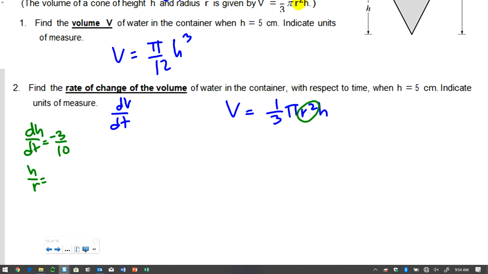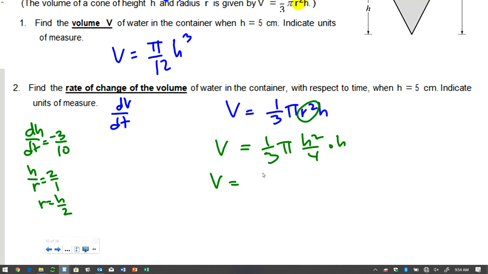H is to r was 2 over 1. So if I solve for r here, is that h over 2? That's a relationship I have with r and h. So everywhere there's an r squared, what am I going to put instead? H squared over 4. That's how I change everything to h's.